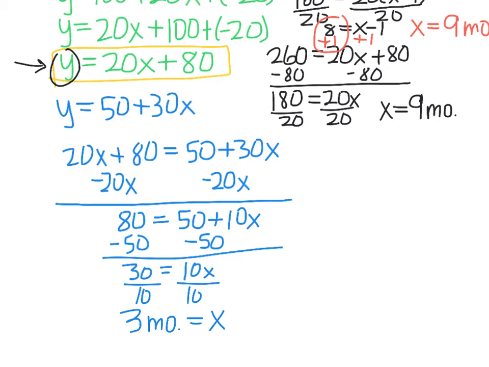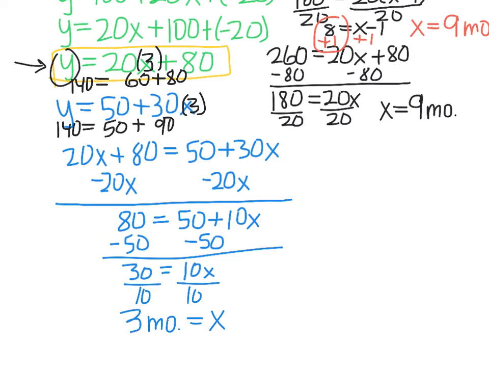And we could quickly check that. Up here, if we plug in 3, 20 times 3 is 60, and 60 plus 80 equals $140. Well, at the other gym, if we plug in 3 months, 3 times 30 is 90, and 90 plus 50 again equals 140.